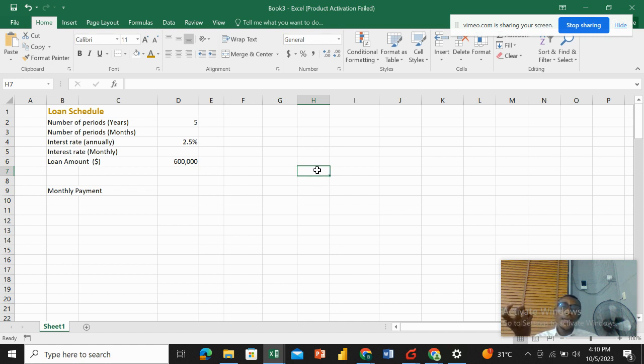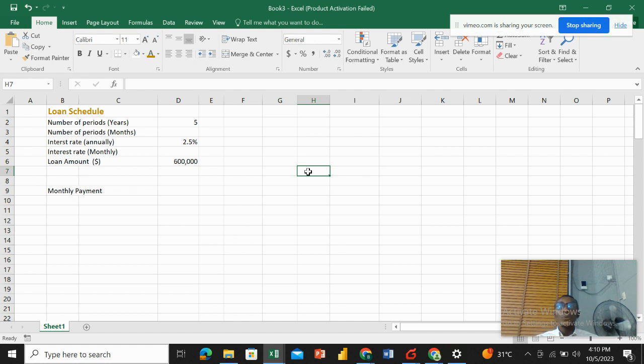The bank policy is that for every loan going out of the bank, there's an interest rate of 2.5% annually. 2.5% interest rate on loans.